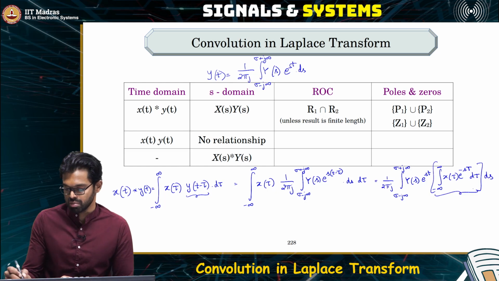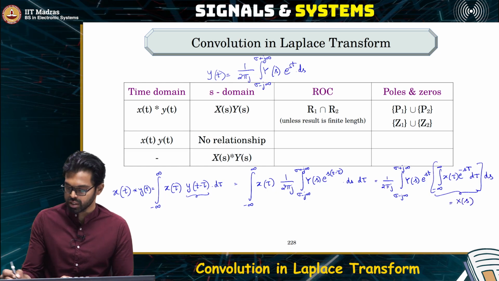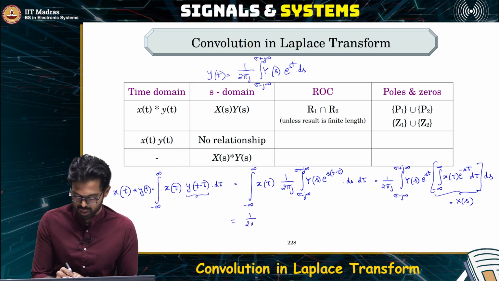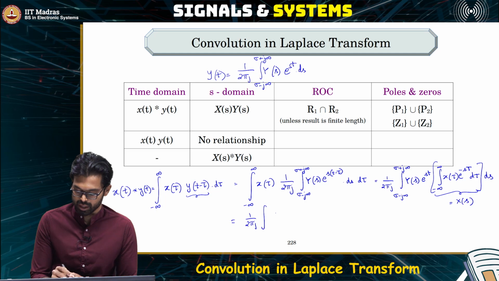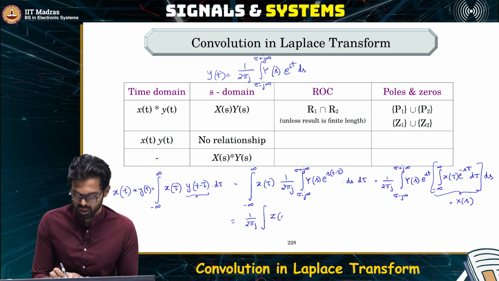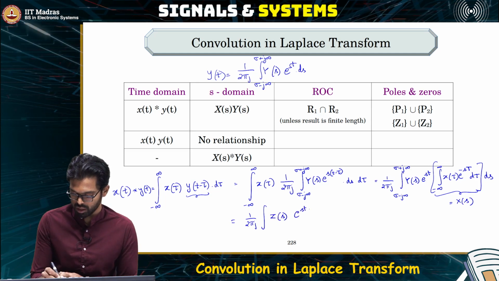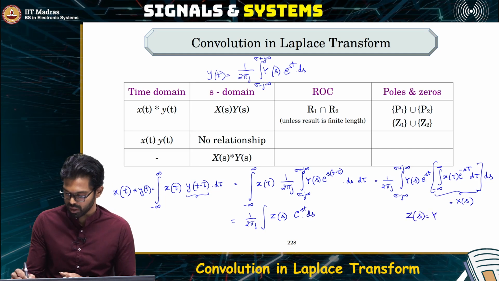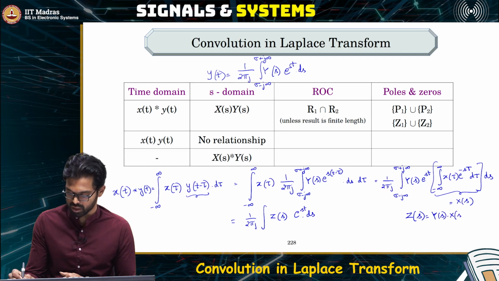So this is nothing but the Laplace transform X of s. So all we have now is 1 by 2 pi j integral of some Z of s times e power st ds. And what is Z of s? Z of s is equal to Y of s times X of s.